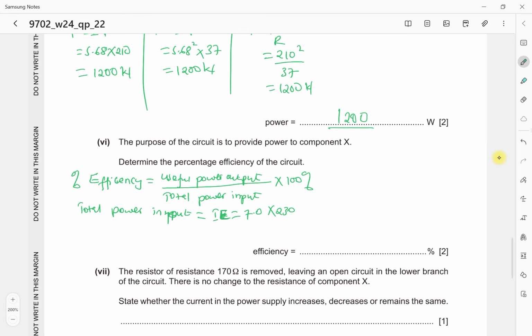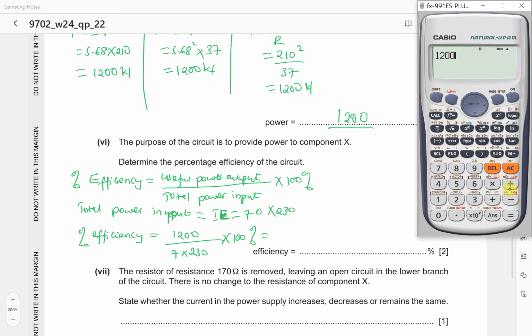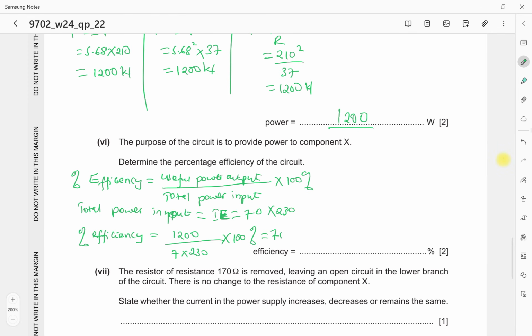So percentage efficiency is going to be 1200 divided by 7 times 230, times 100 to change it to percentage. That is approximately 75%.